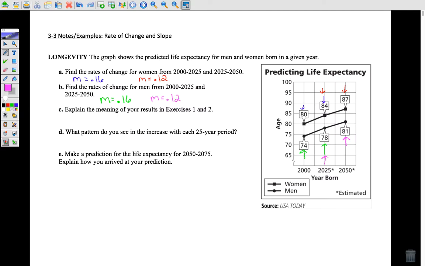Okay, we got a couple questions we have to answer, and then we're done. It's explain the meaning of your results in exercises 1 and 2.